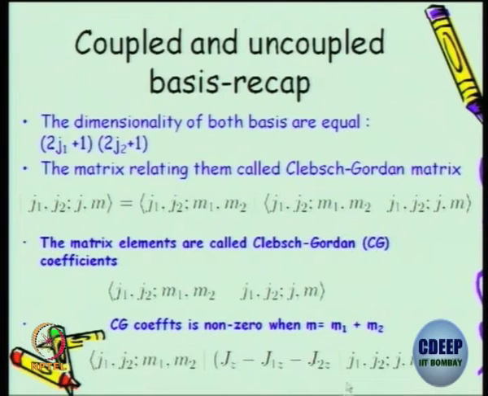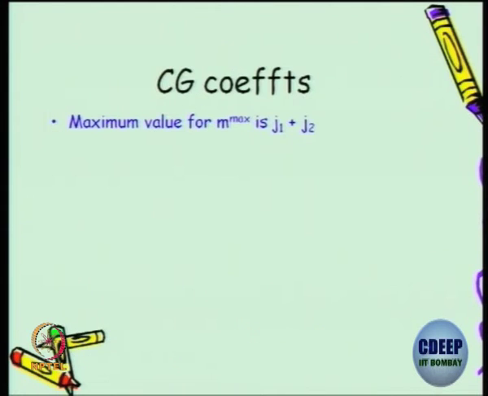This is actually 0, and if you substitute, the Jz will act on this basis, J1z and J2z will act on this basis. You will get M minus M1 minus M2 times the inner product of those two states. That inner product of those two states is the CG coefficient, and that is non-zero only when M is equal to M1 plus M2. Okay.